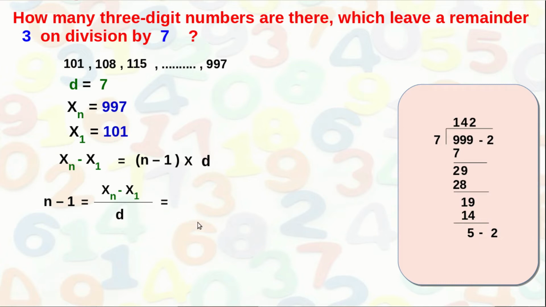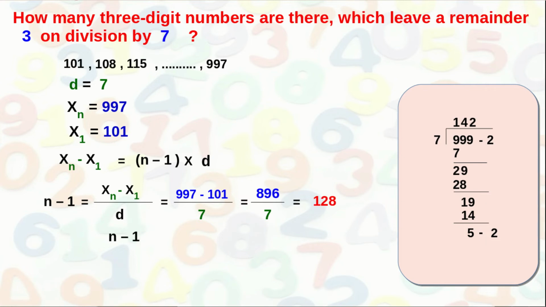That is equal to 997 minus 101 divided by 7. That is equal to 997 minus 101 is 896 divided by 7. Dividing, we get 128.